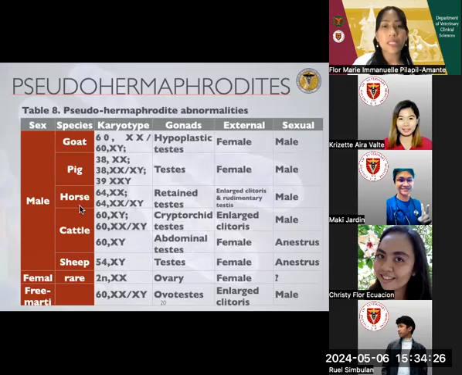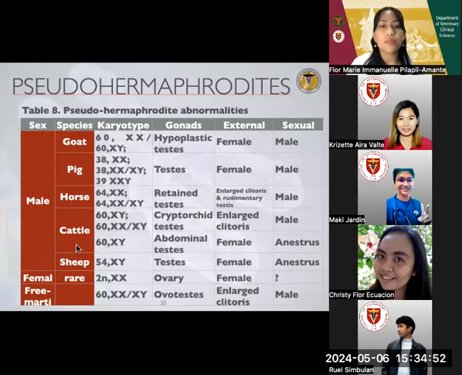For the horses, we don't have Turner syndrome because we mostly look at it on the male side. And then we have the testicles, but they are inside, like they're cryptorchids, and they have an enlarged clitoris, okay?